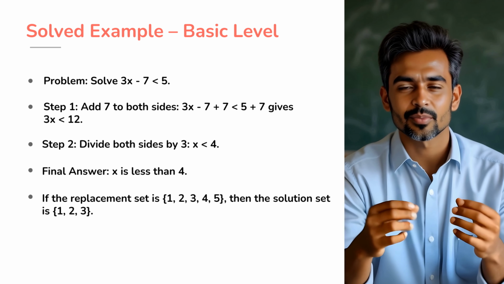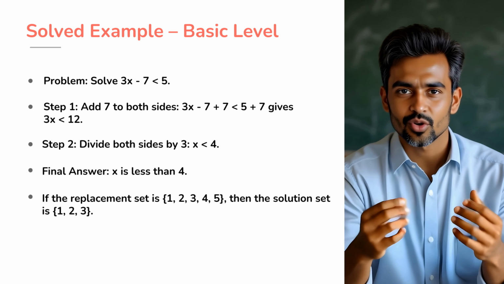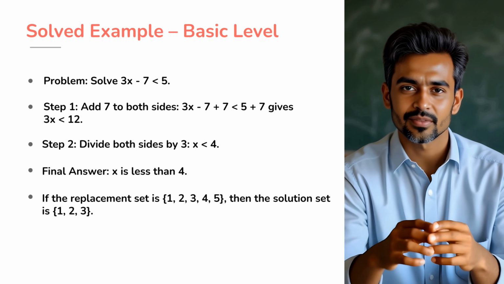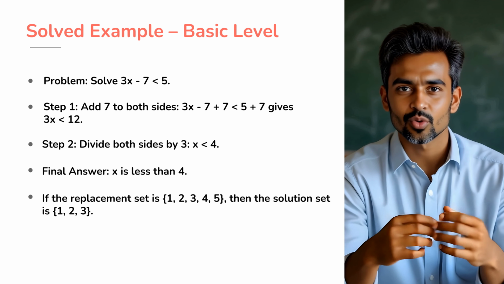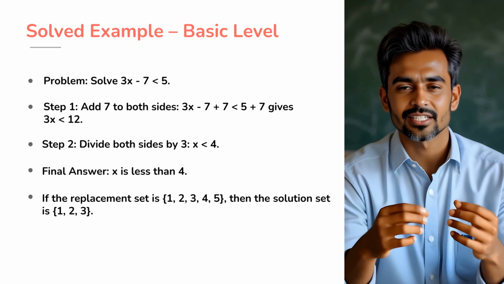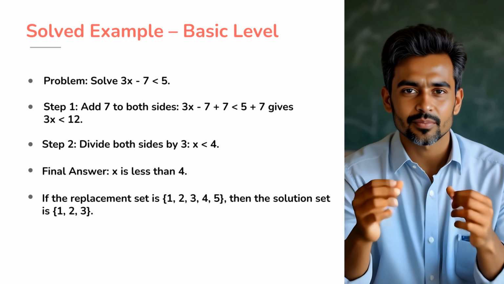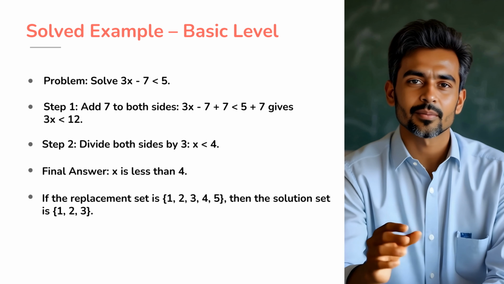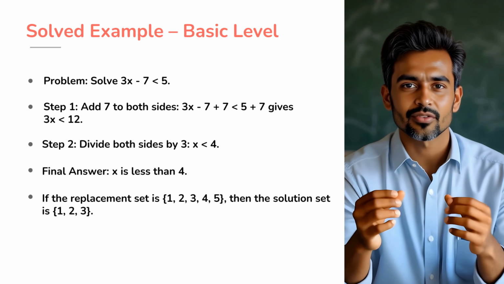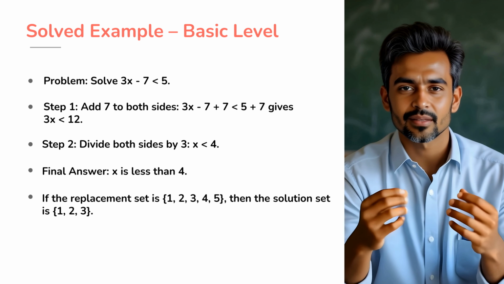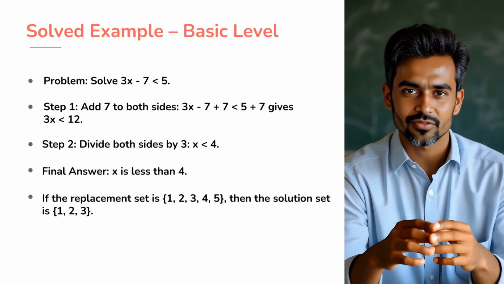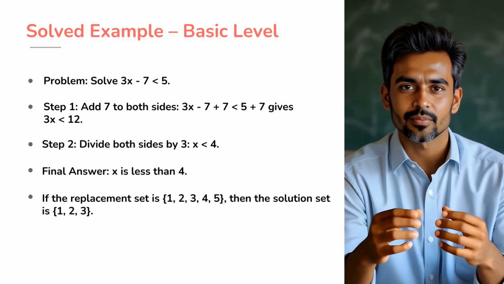Let's try a simple example. Solve 3x - 7 < 5. Step 1. Add 7 to both sides, that gives 3x < 12. Why? Because 5 plus 7 equals 12. Step 2. Divide both sides by 3, that gives x < 12 divided by 3, which simplifies to x < 4.